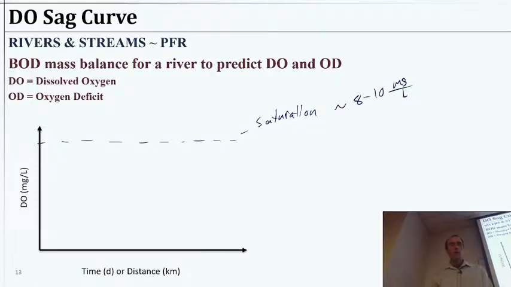Well, when we add our waste to the river water, there's usually some natural deficit because there's some natural BOD in place. Or maybe we could start right at the saturation. Sometimes we'll simplify the problem and just start right there.